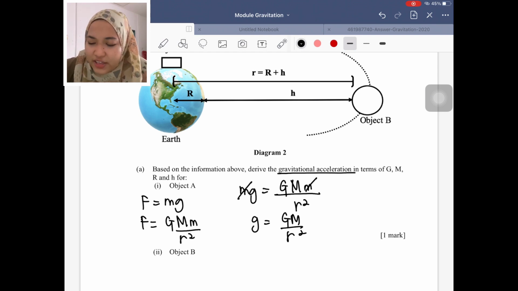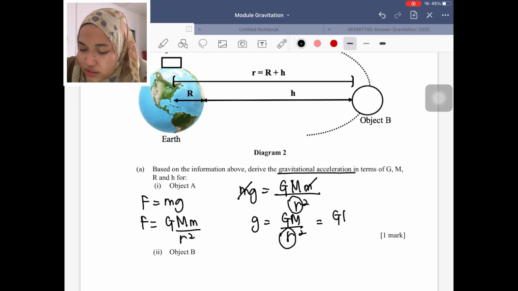Okay, sorry. So for object A, dia ada dekat surface of the earth. So that's why R dia kita kena substitutekan dengan the radius of the earth. Okay, so that's why G M over R squared.